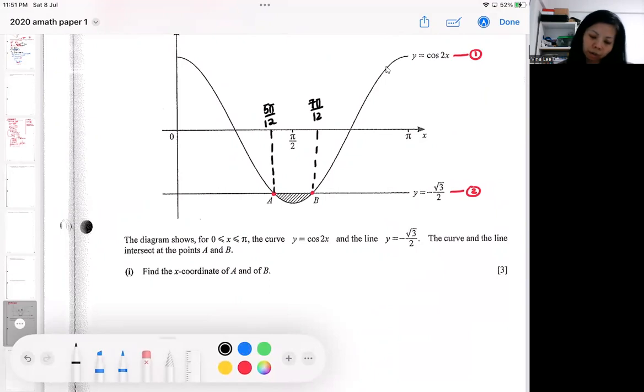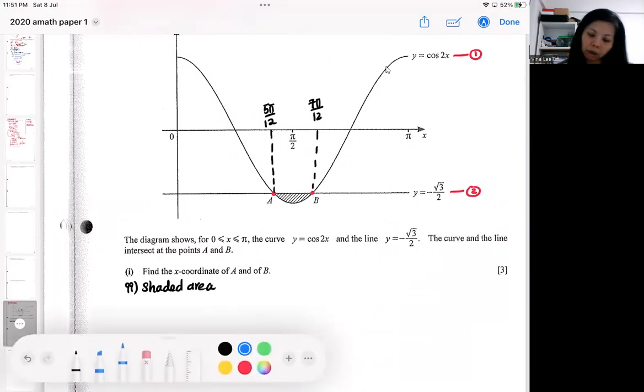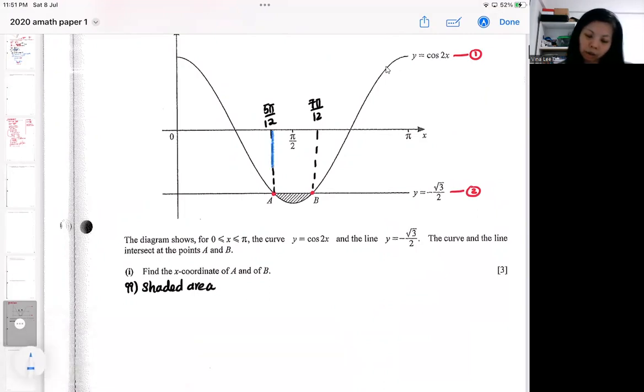For the area that we would like to find, my plan will be to think of it this way. This is the area under graph. Remember the concept of area under graph: it has to stick on either the x-axis or the y-axis.